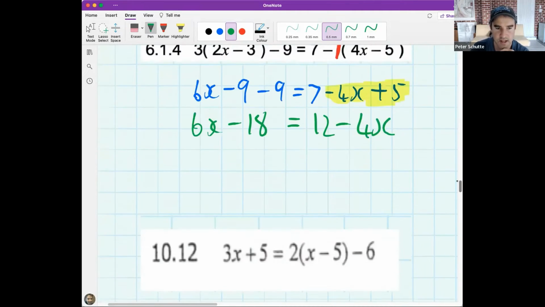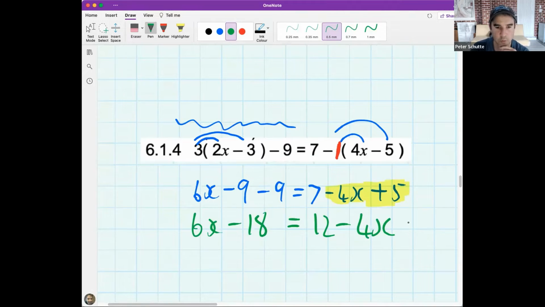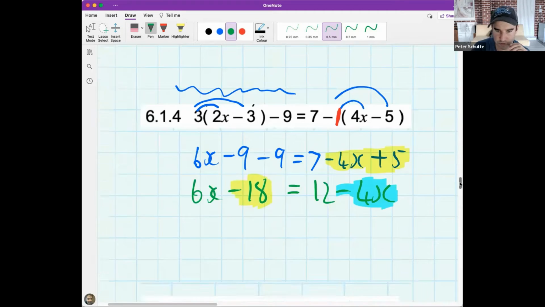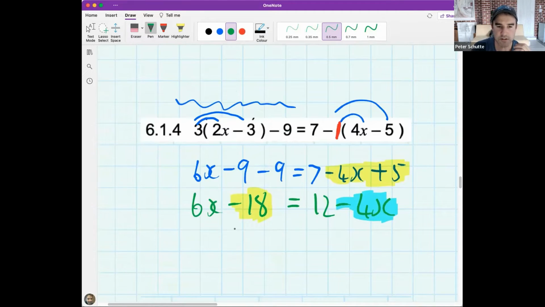Okay, so now we're not done yet, but we're going to try and do two things. I'm going to try and move the minus 4x to the other side. And I'm also going to try and move my minus 18 to the other side.